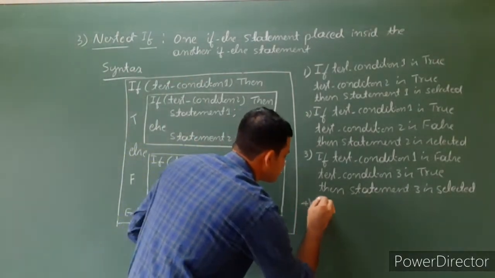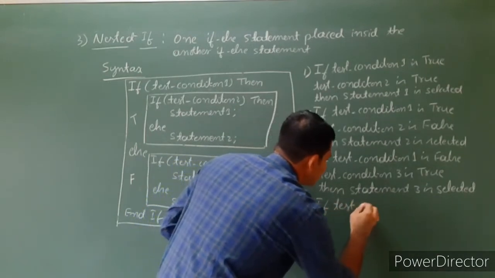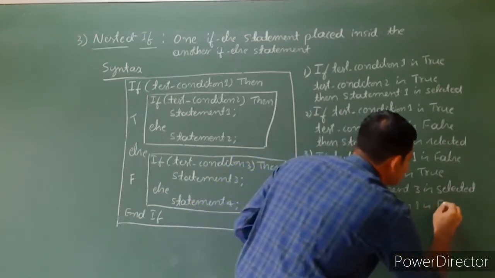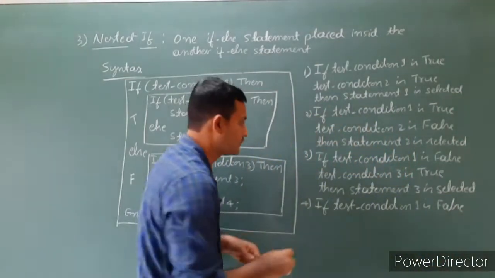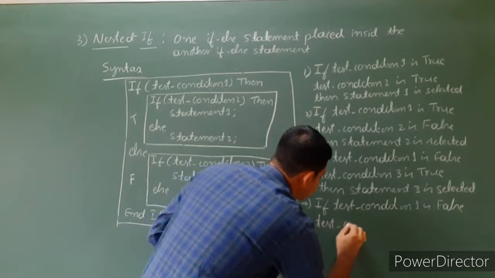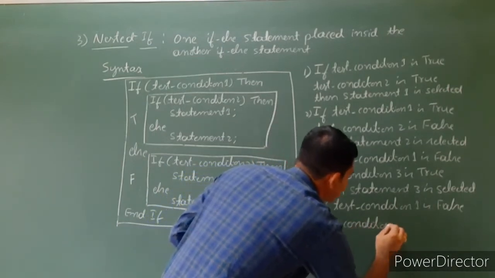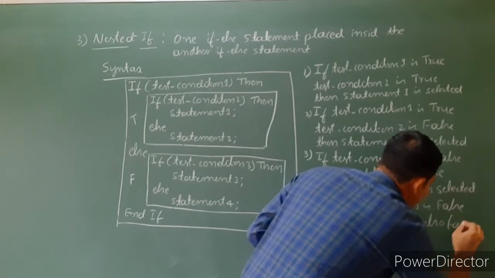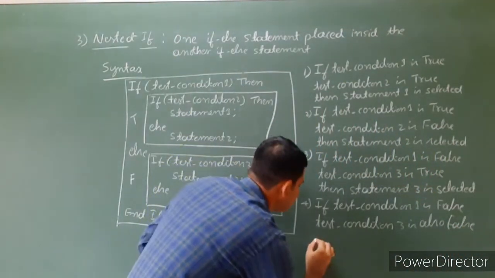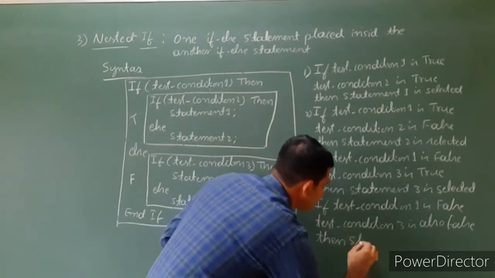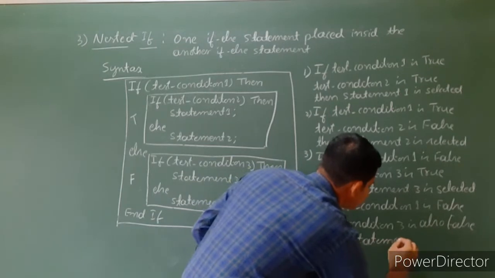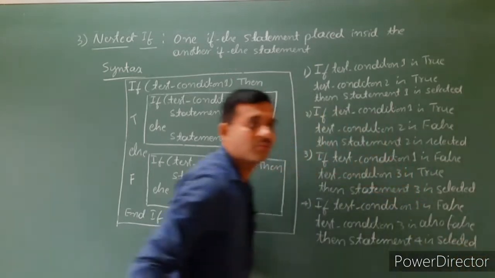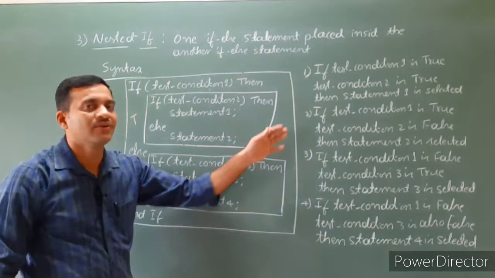That is, if test condition 1 is false, test condition 3 is also false, then statement 4 is selected. So these are the 4 cases.